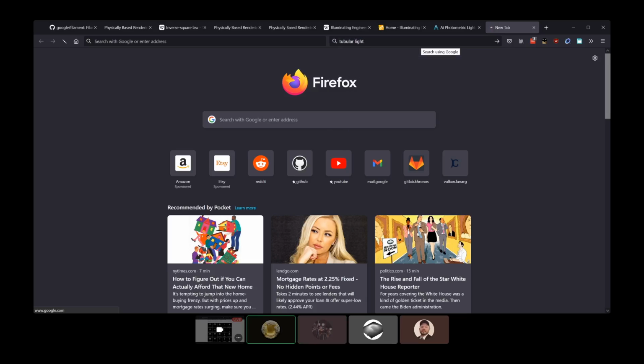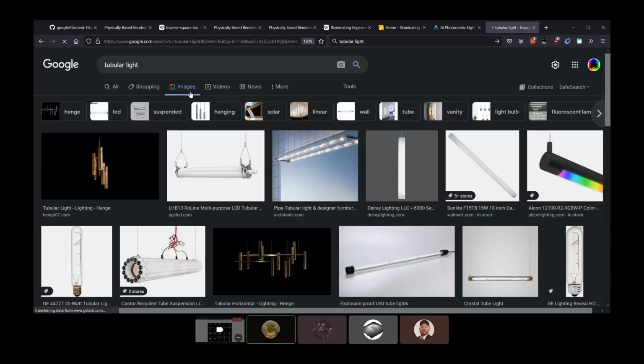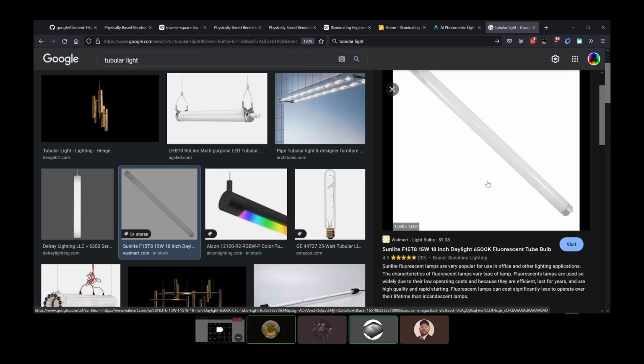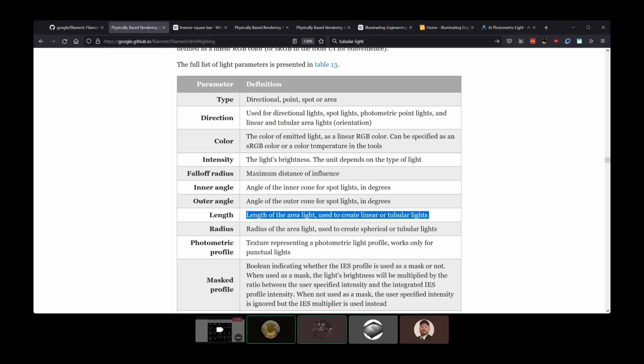I'm picturing something like they brought in the cone so far that it's basically just the same. It doesn't change very much with distance. Yeah, this is a tube bulb for area lights. That makes sense. Length of the area light. Tubular light. Okay. I think you're right actually, because they're talking about area lights now.